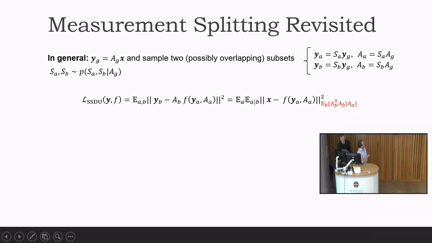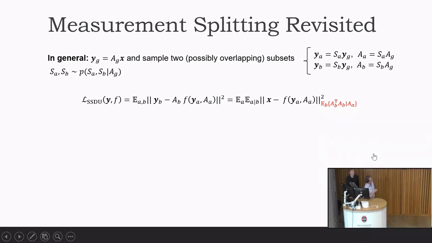So we have YA is some subset of YG, and capital A, little a is just my projection there.